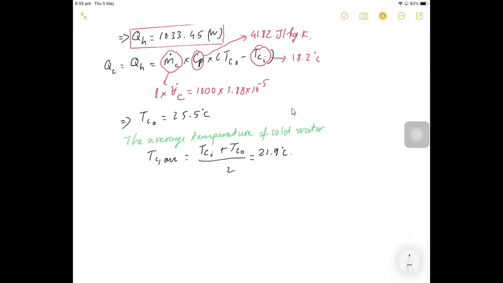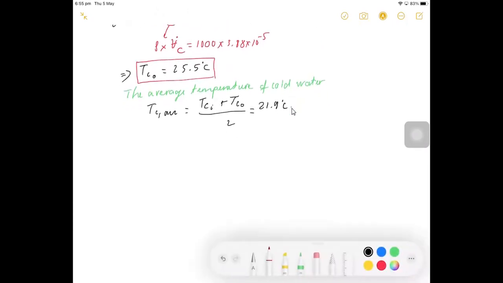At 21.9 Celsius, when you use interpolation, you will have Cp is roughly 4181.2 joule per kilogram Kelvin. So the difference is very small, which means this can be accepted. So the temperature of cold water out is 25.5 Celsius, and the average temperature of cold water is 21.9 Celsius.